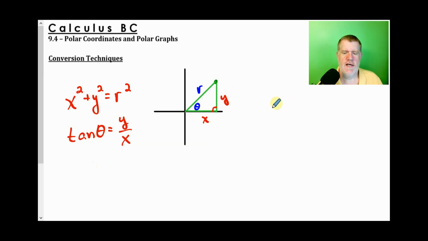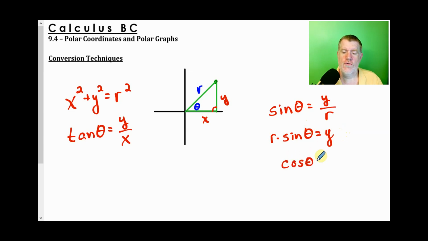Well, if I look at the sine of the theta angle, it's y over r. If I multiply both sides by r, I get this little relationship that y, the y value of a rectangular coordinate, is the radius times the sine of the angle. And also, if you do the cosine, you get x over r.